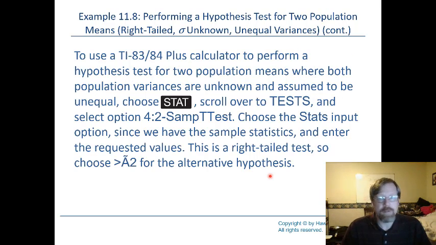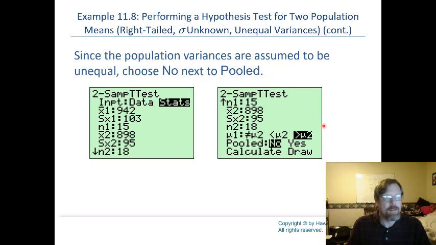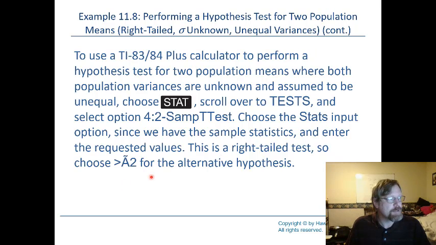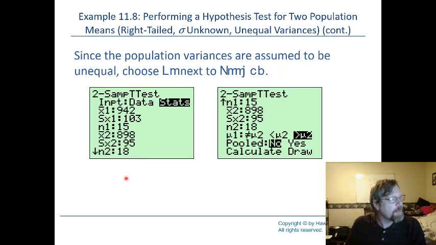We can also do this in the calculator. We want to select the two-sample t-test here, 2-SampTTest. In this case, we're giving it statistics to input. It's a right-tailed test, so we want to choose the greater than mu 2 option.